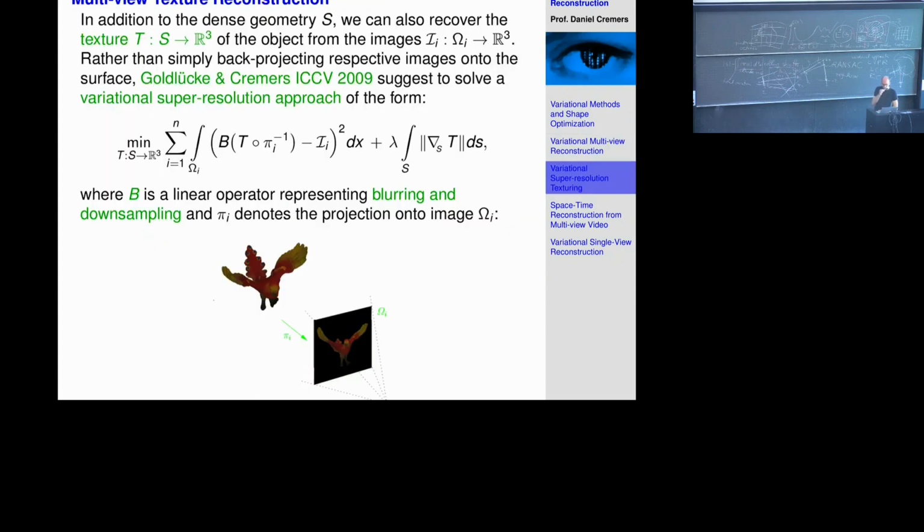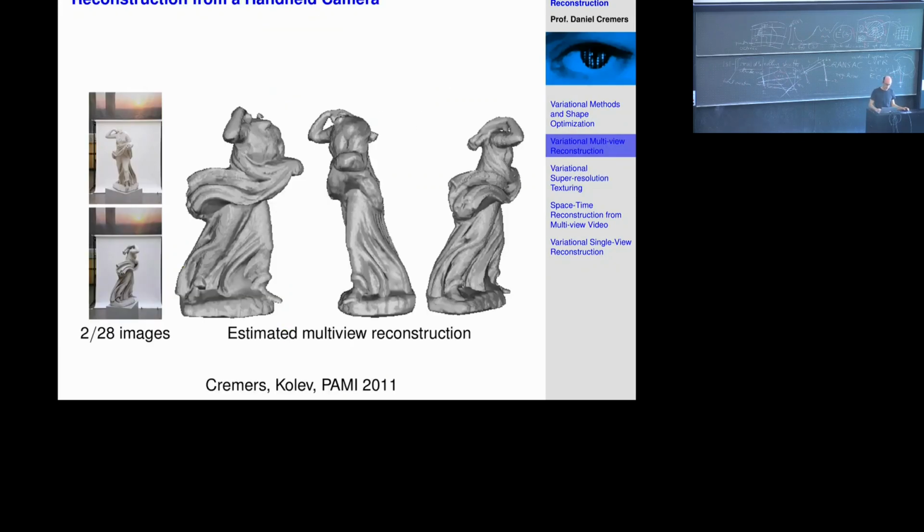Maybe one more work in this line. You see the geometry is fairly accurate. Now what you can do is you can compute the color on the surface, right? This is just the surface itself. Once I see a surface in images, I can also try to estimate the color on the surface. The way you traditionally do that is very simple.